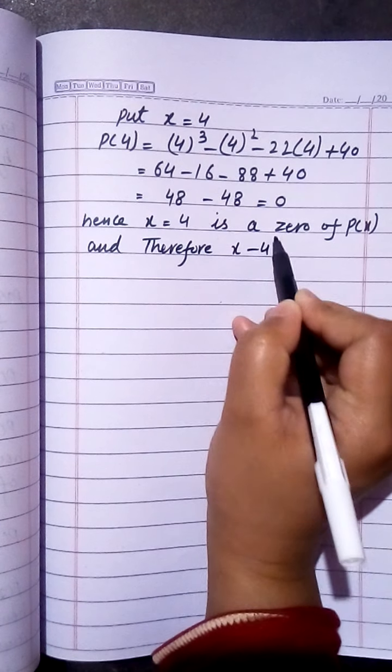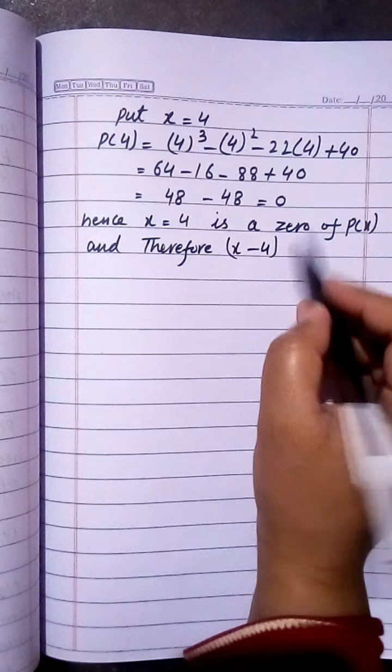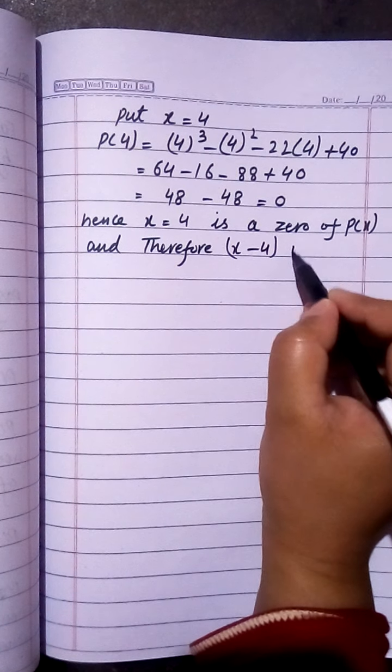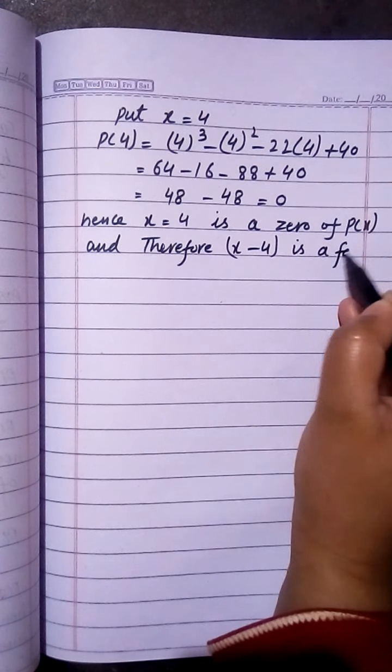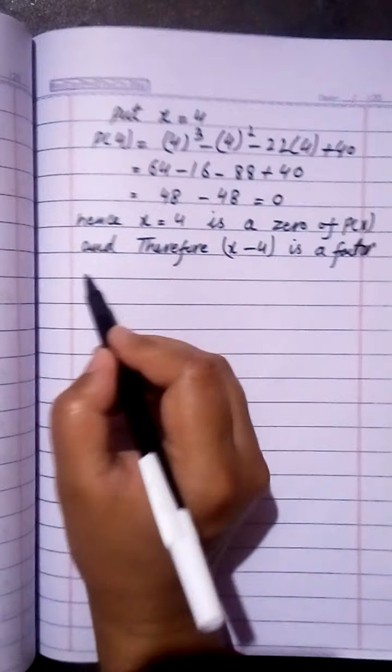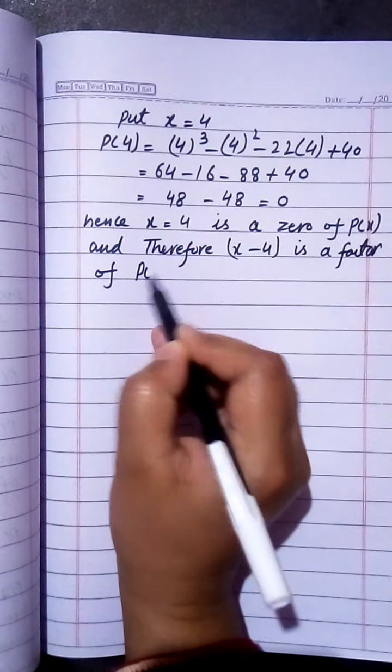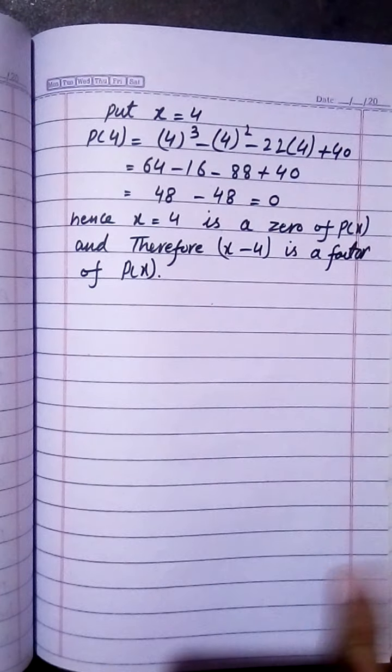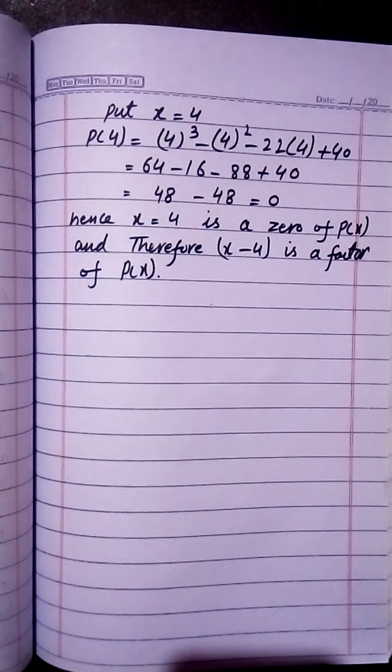So x minus 4 आप इस फॉर्म में लिखेंगे क्योंकि पीछे आंसर इस फॉर्म में दिया गया। x minus 4 is a factor of px.